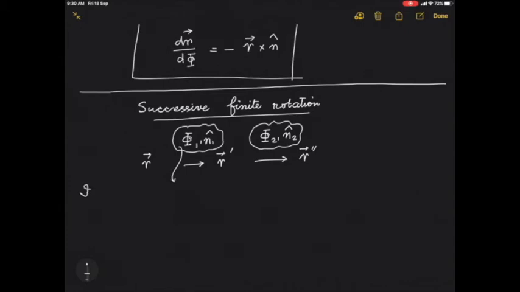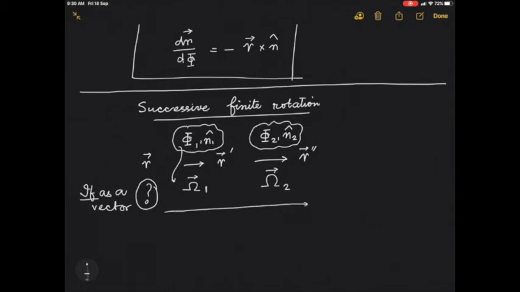Let us say that we can, and then we will try to prove that that doesn't work. So if I write this as a vector, just like we did for d omega, as omega 1, with a question mark here highlighting this if, and this I write omega 2. Then Euler's theorem tells you that if I go from r to r double prime, there must be an omega 3.